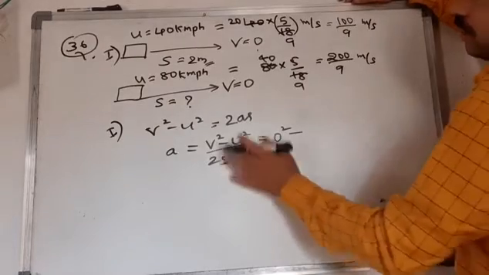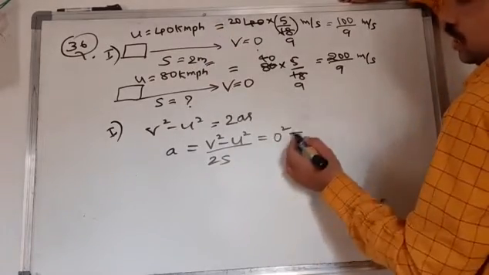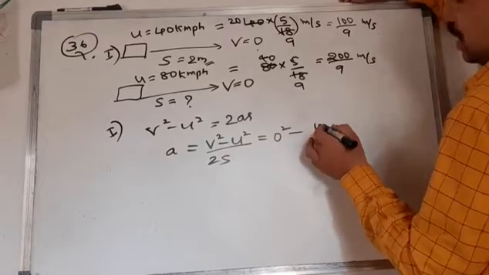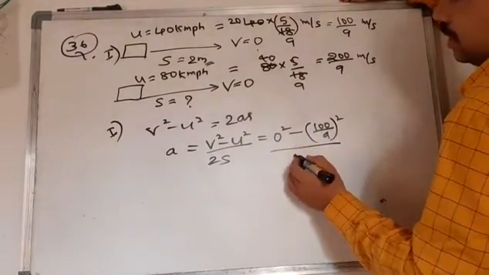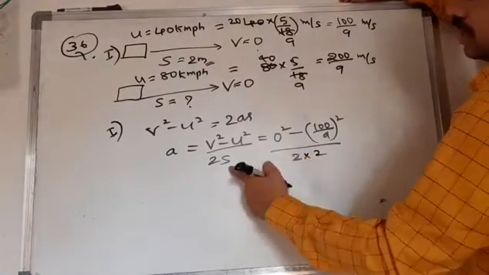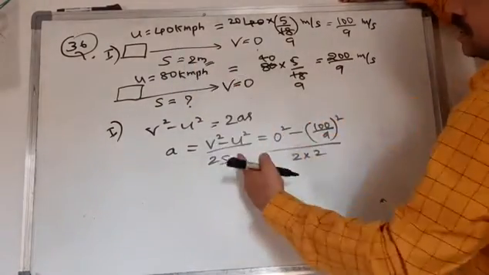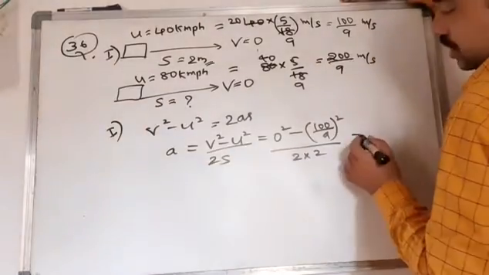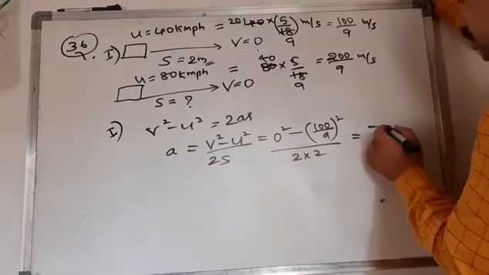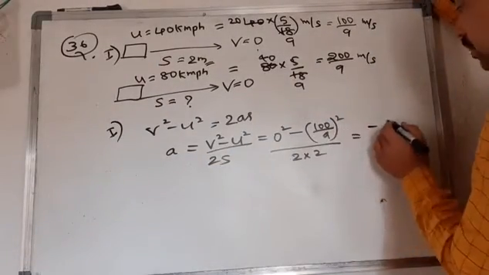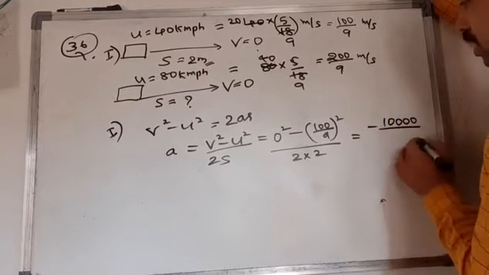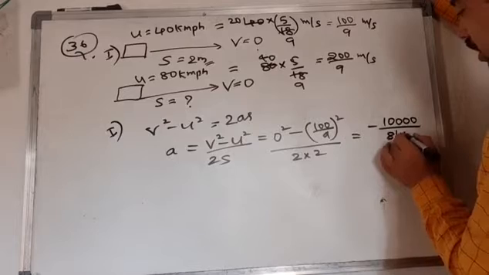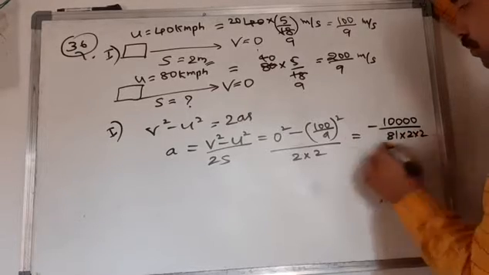So now in the first case, here 0 square minus 100 by 9 whole square, divided by 2 into 2 meters, as this is 2 meters in the first case. So 2 into 2, that is equal to minus 100 square means 10,000 by 81 into 2 into 2.